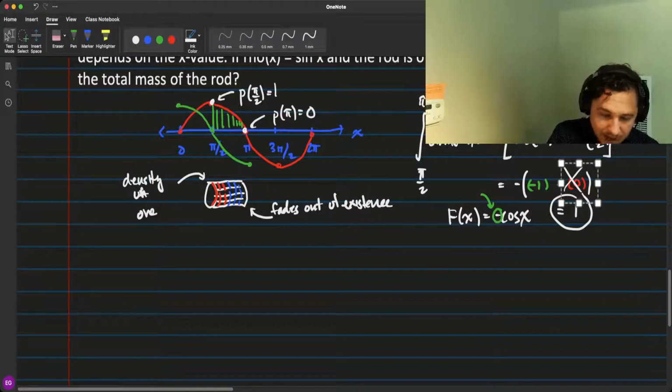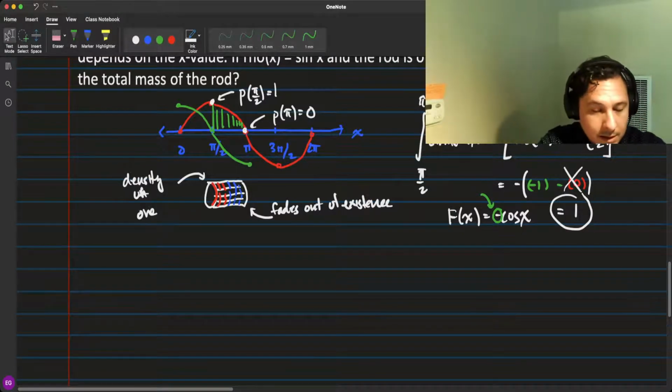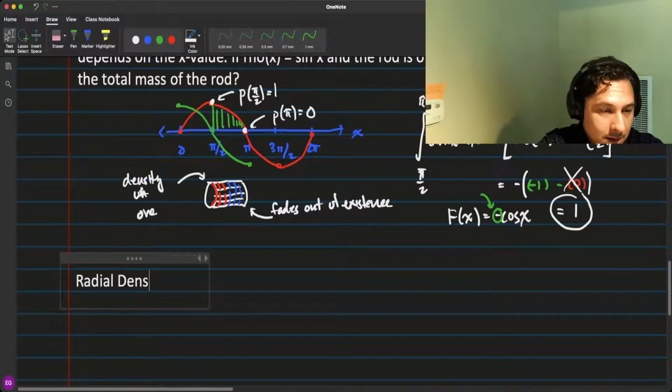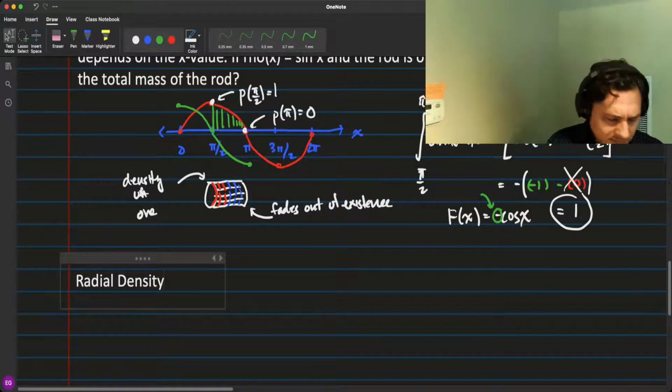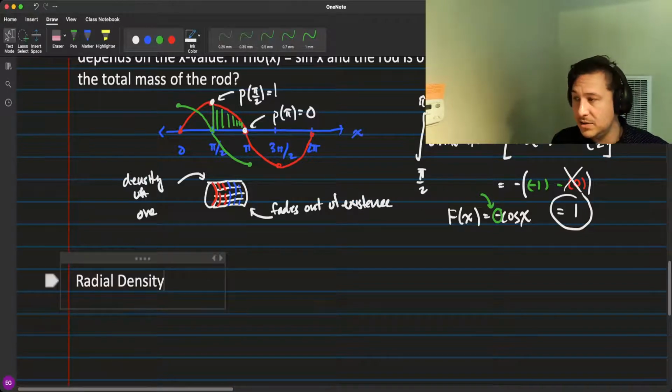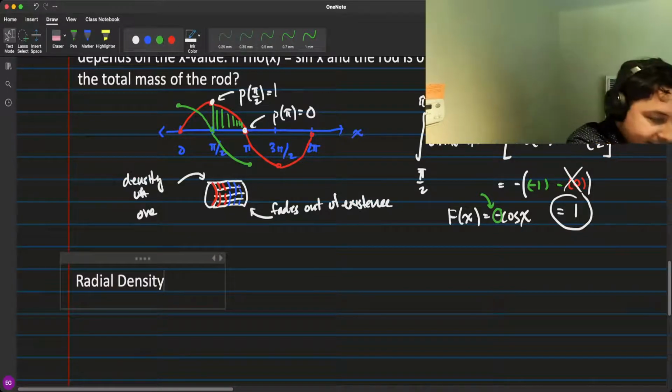Now we're going to talk about the mass with radial density. This actually is used a lot. So now we're going to operate in 2-dimensional space explicitly.